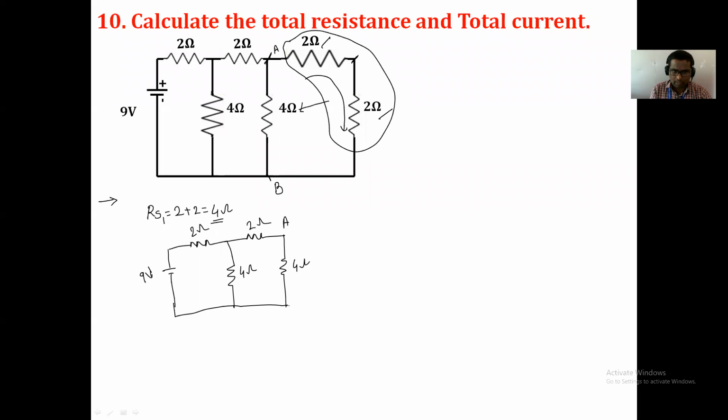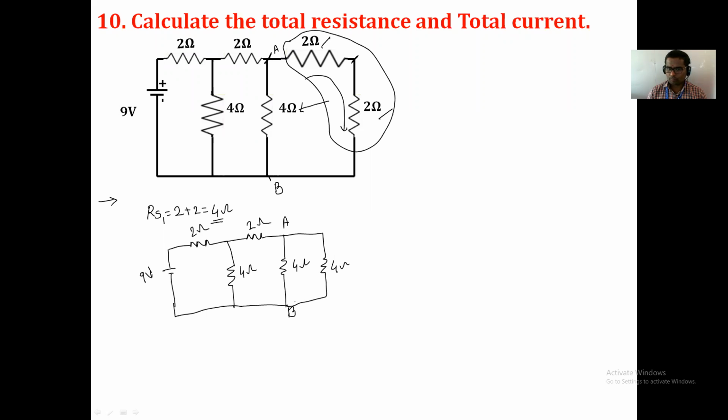These are the point A and point B. And now in between A and B we have to connect this 4 ohm. Either you can connect here or here, but the thing is, one terminal of this resultant 4 ohm is connected to point A and the other terminal must be connected to point B. Is it clear? Yes or no?